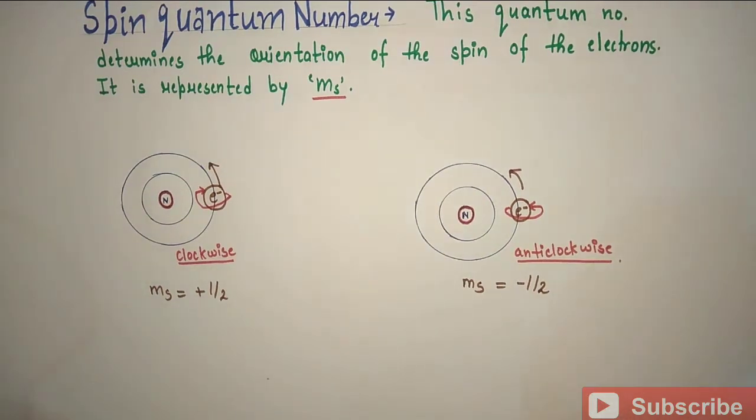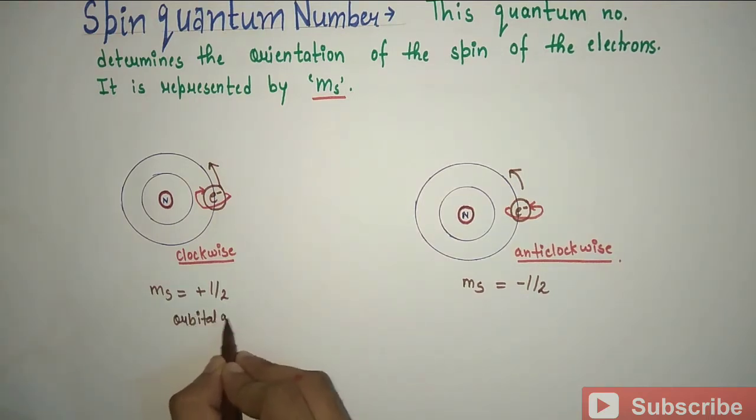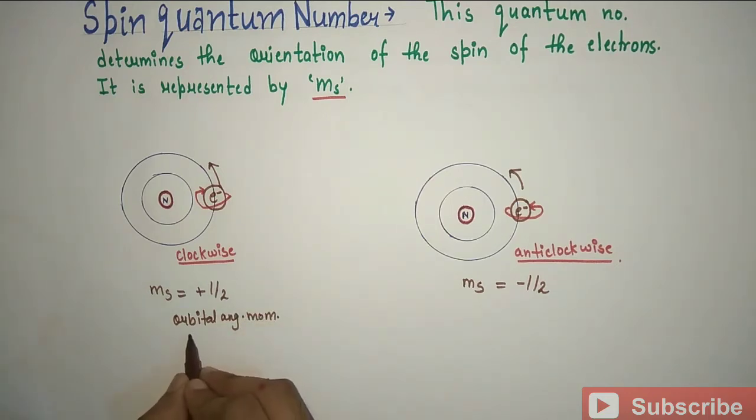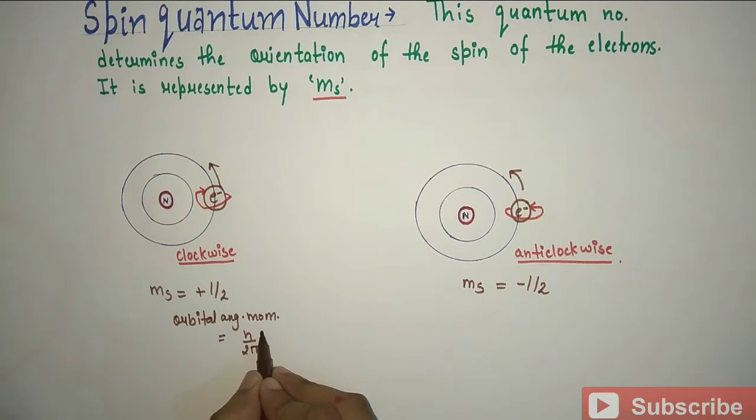Just like I have told you about the orbital angular momentum of an electron in the case of the azimuthal quantum number, which comes out to be h upon 2 pi under root l into (l plus 1), where l is the azimuthal quantum number.